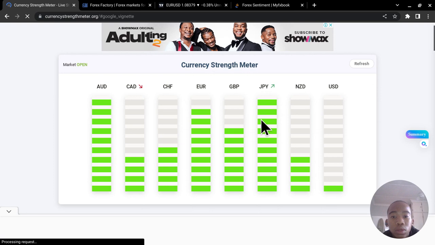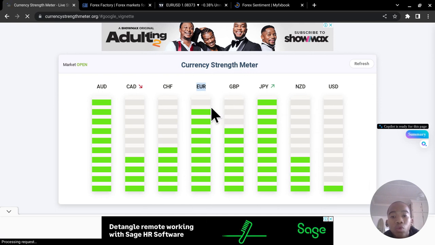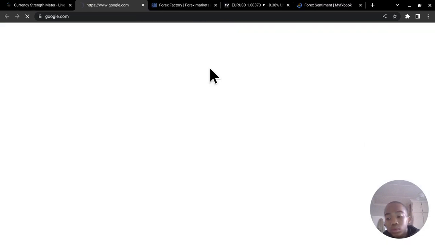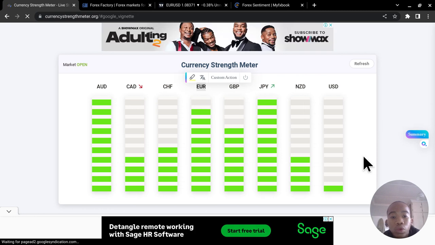And so basically how we would use this is look at a pair that you're trading. So Euro USD, right? You look at the strength of the Euro, look at the strength of USD. Okay, since Euro is stronger, Euro USD should be trending upwards, right? If GBP and JPY, since the GBP is looking weaker than the JPY, then it should be selling, right?